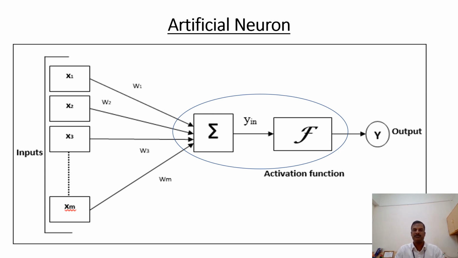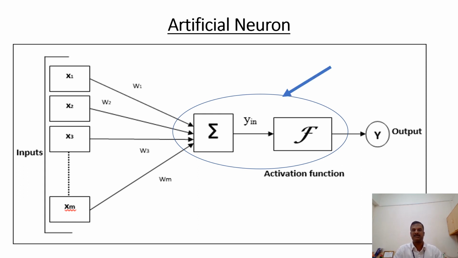So how many inputs should you have? In a biological neuron, the number of inputs is enormous. It is not limited. In the same way, in an artificial neuron also, you can have as many inputs as you like. It indirectly indicates that this artificial neuron based system can be used for any applications.